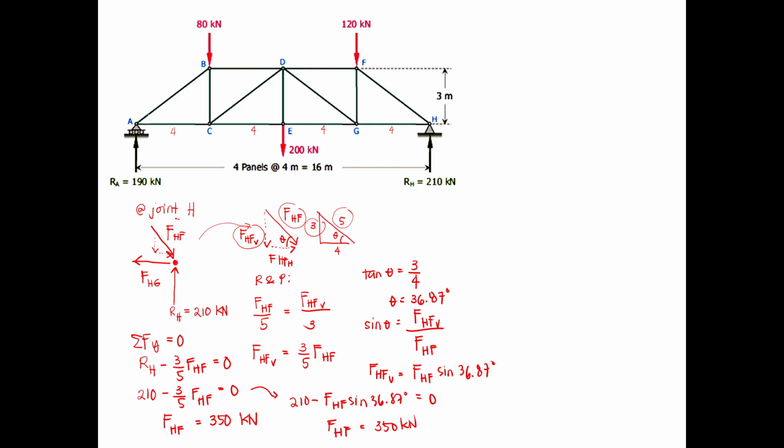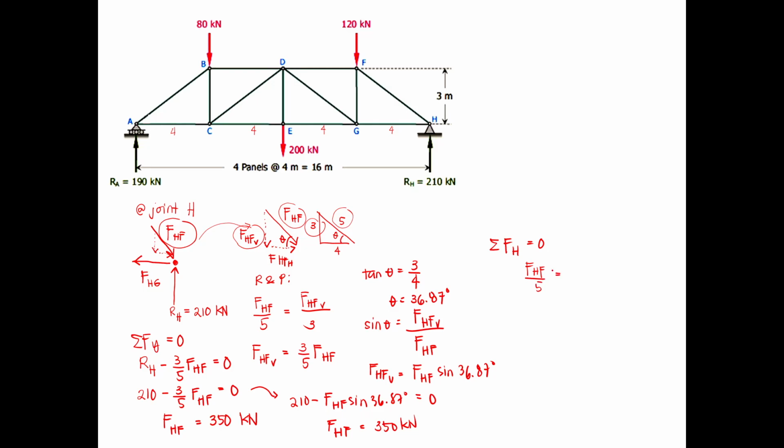So we now solved one force. What's left is to solve for the other force. So summation of forces horizontal now at this joint. Force of the horizontal component coming from HF. So again, by ratio and proportion, that will be FHF all over 5.